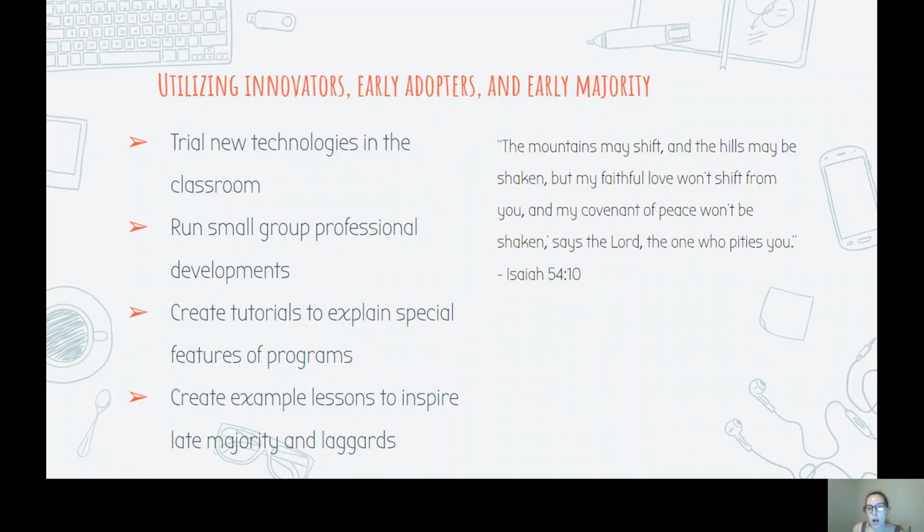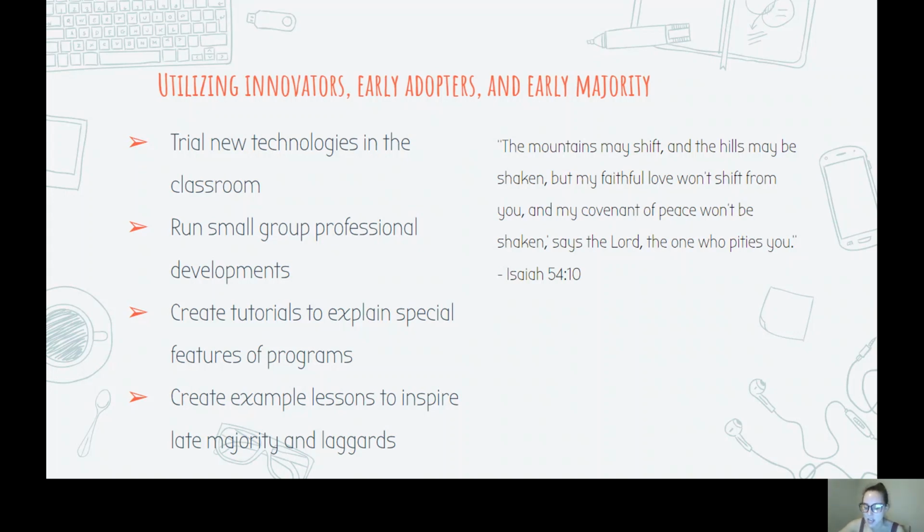If Christ was on Earth, he would open his arms and show love to the innovators, the early adopters, and the early majority. One quote that really stuck out to me was Isaiah 54:10. The mountains may shift and the hills may be shaken, but my faithful love won't shift from you, and my covenant of peace won't be shaken, says the Lord, the one who pities you.